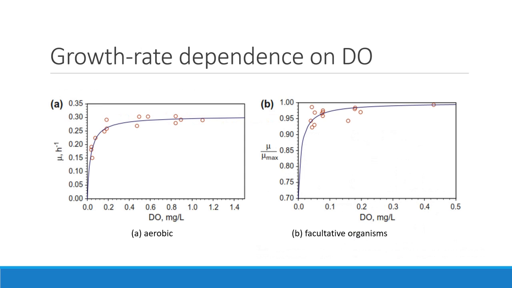The growth rate dependence of aerobic and facultative organisms on dissolved oxygen is given here, wherein oxygen is a growth limiting factor when the dissolved oxygen level is below the critical dissolved oxygen concentration. The dependence of cell growth on dissolved oxygen for aerobic and facultative organisms follows Monod's growth kinetics.